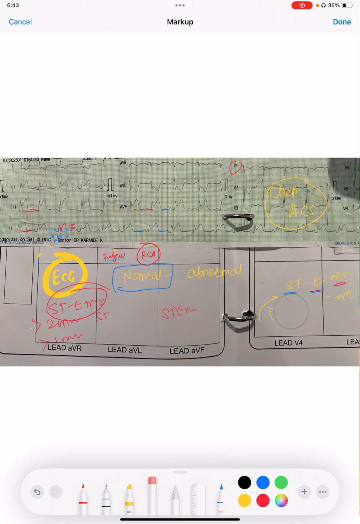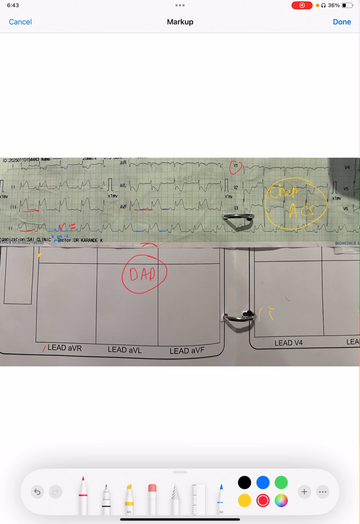Whenever it is an MI, the first and most important thing is that the patient must be given a loading dose of dual antiplatelet drugs. Ecosprin is given in a 300 milligram dose. Clopidogrel is given in a 300 milligram dose.